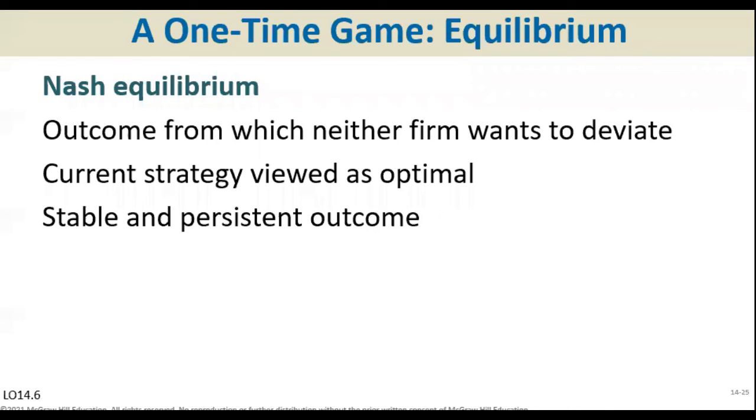And the Nash equilibrium is the only output that is considered stable and can be maintained, so it can persist. If the output is not at the Nash equilibrium, then firms will continue to modify their strategy until they reach the Nash equilibrium. Okay.